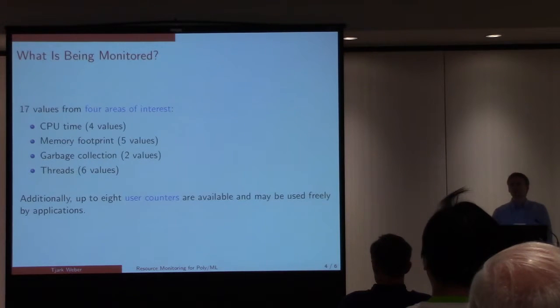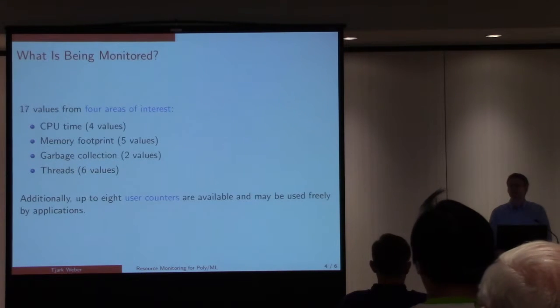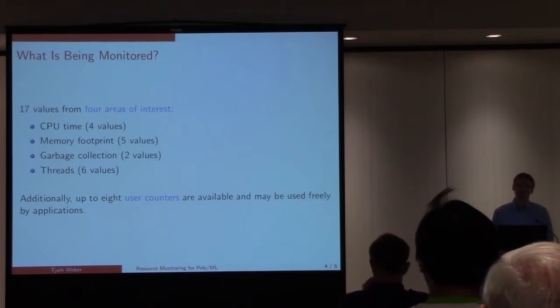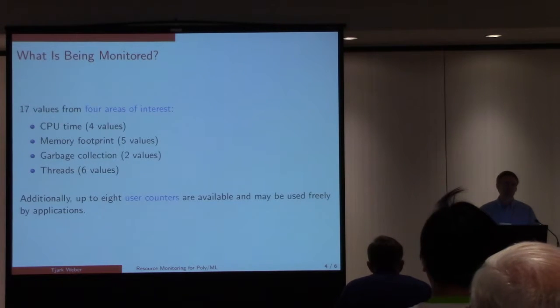Then we can retrieve the number of garbage collections that have happened in our process, and also we have various values to tell us about the states of the threads that may be running. We get the total number of threads, and we see how many of them may be waiting for I/O, or waiting for a mutex, or waiting for other things, maybe doing signal handling. These are all things that we can retrieve from the Poly ML runtime system.